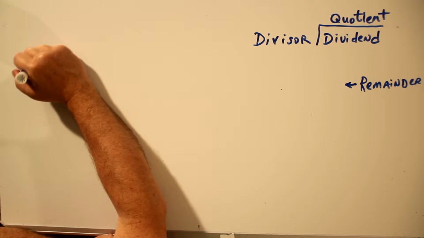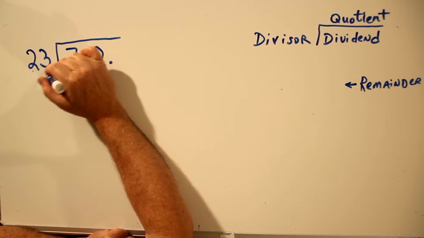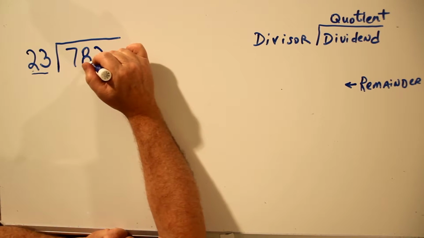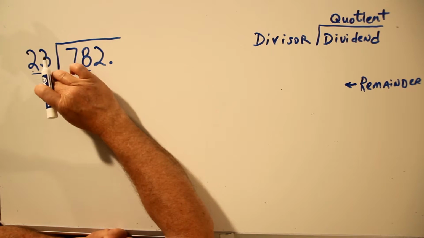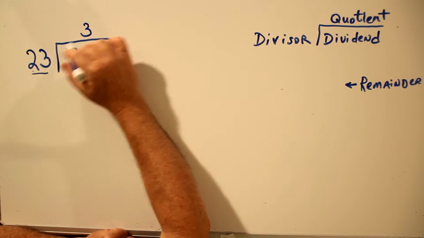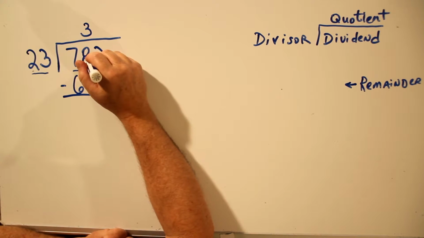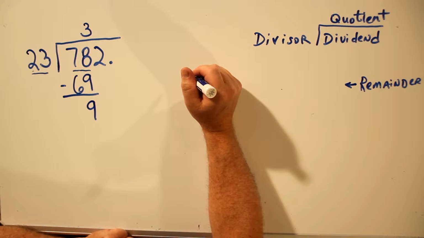Let's try dividing 23 into 782. So we're going to take the 23 as a whole and divide it first into 78. So 23 goes into 78 3 times. Now we multiply. 3 times 3 is 9. 3 times 2 is 6. We subtract 69 from 78. The remainder is 9.